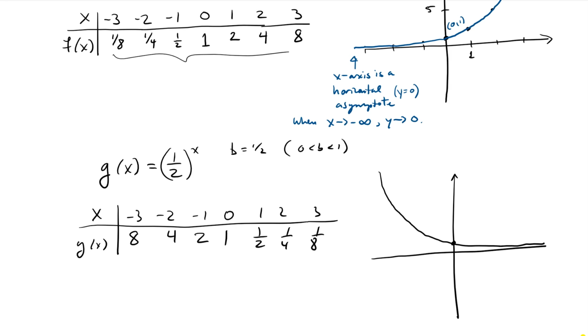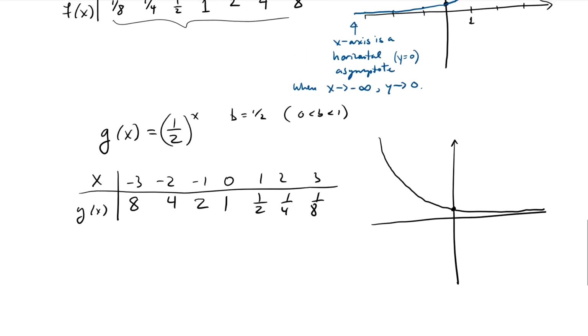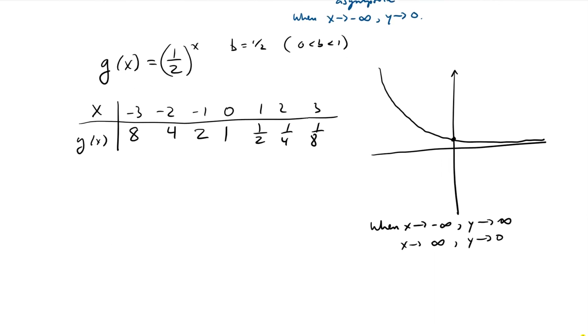So as you go towards minus infinity, okay, so when x goes to minus infinity, now y, well, here g, goes to infinity, and then when x goes to plus infinity, y goes to 0. So that tells us that since y is going to a specific constant, y equals 0, the x-axis is a horizontal asymptote.